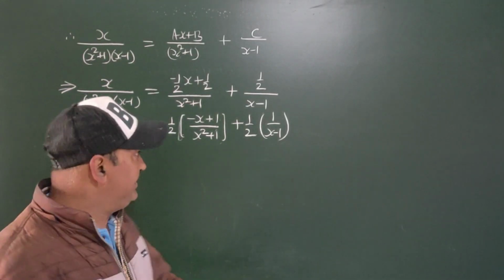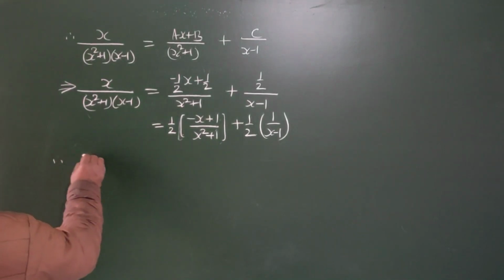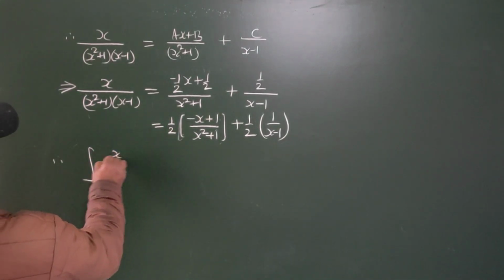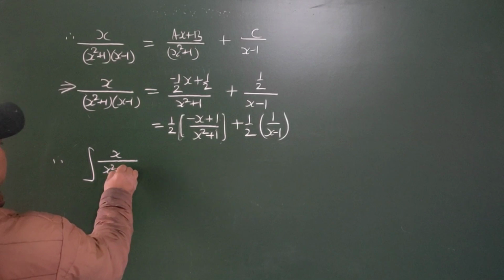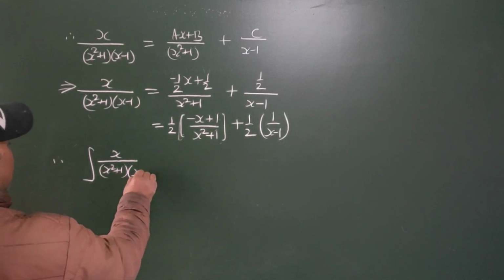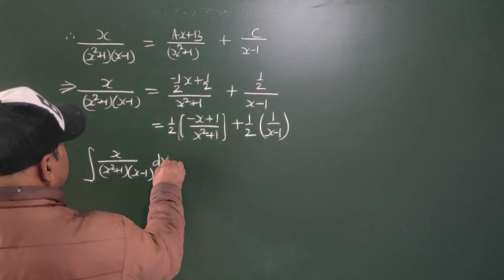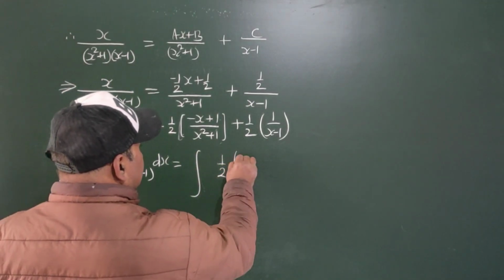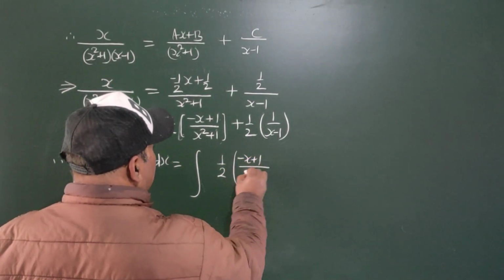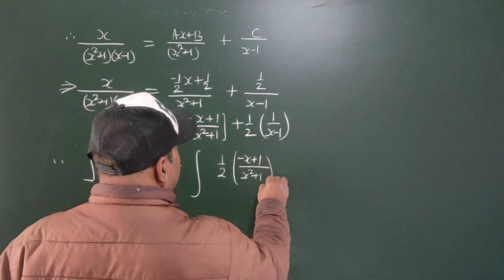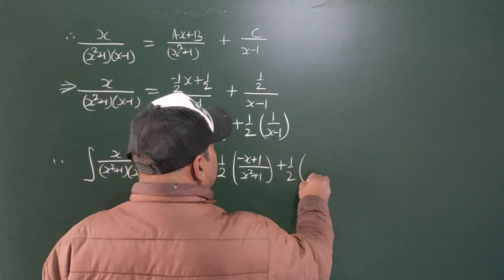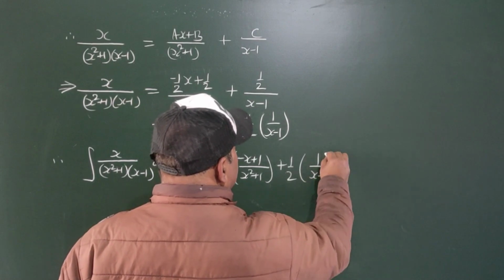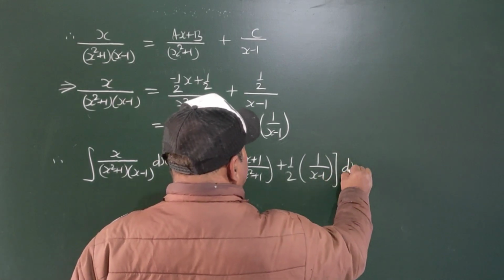Now let us integrate it. Therefore, integration of x upon x square plus 1 into x minus 1 dx is equal to integration of 1 by 2 into minus x plus 1 upon x square plus 1 plus 1 by 2 into 1 upon x minus 1 into dx.